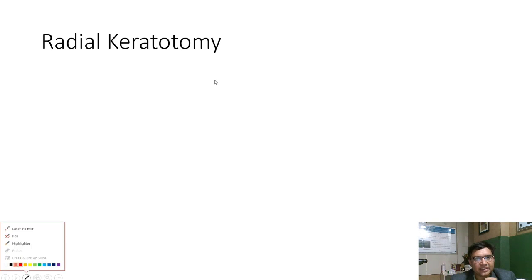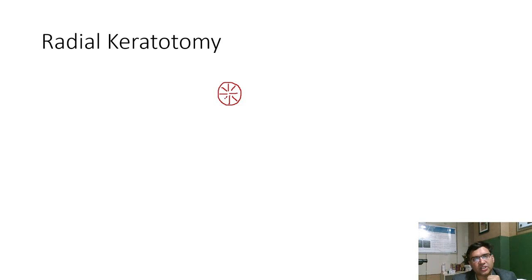Earlier, when lasers were not much in prevalence, we had the surgery which we call radial keratotomy. What we used to do is put deep cuts inside the cornea, up to the level of stroma.